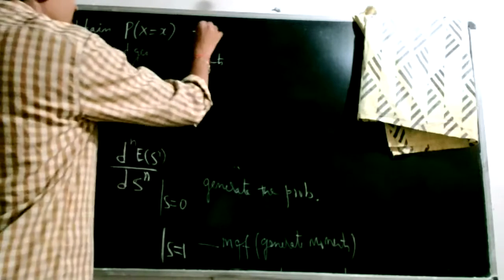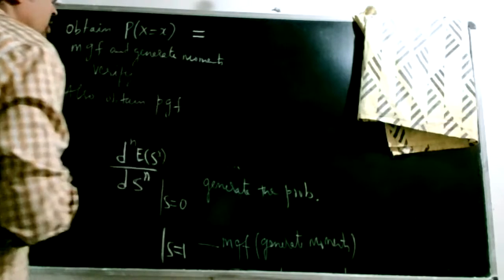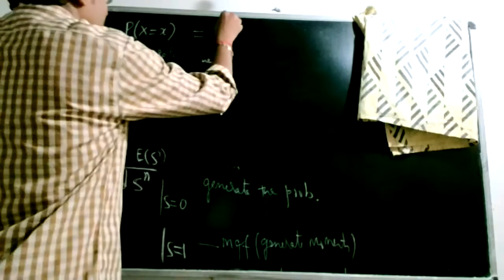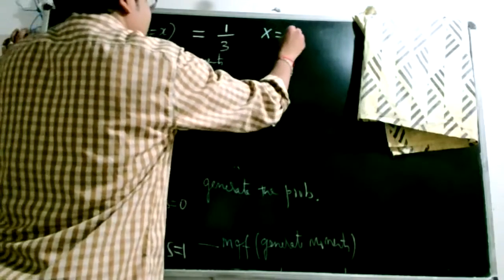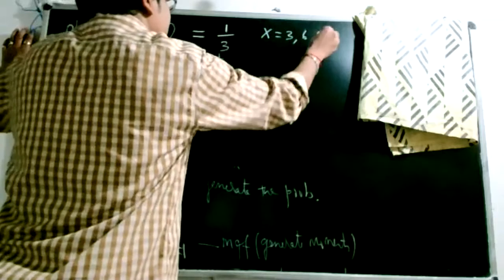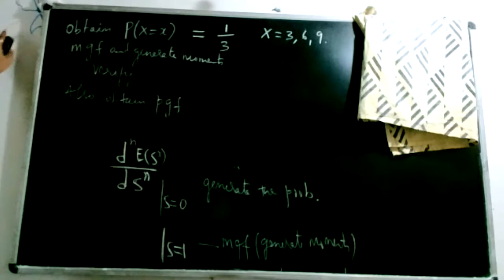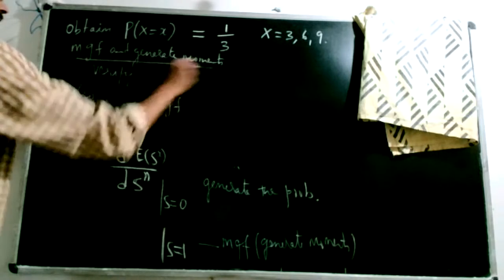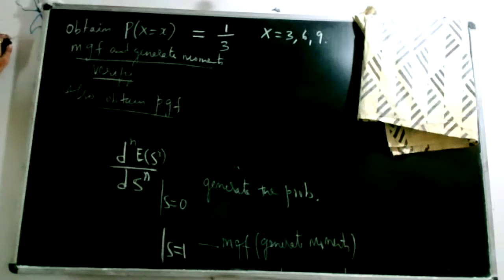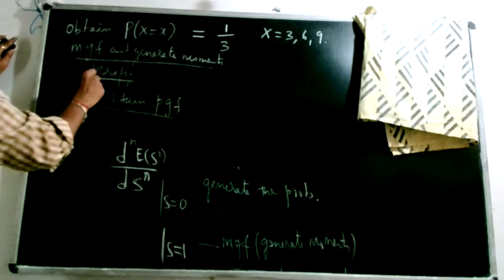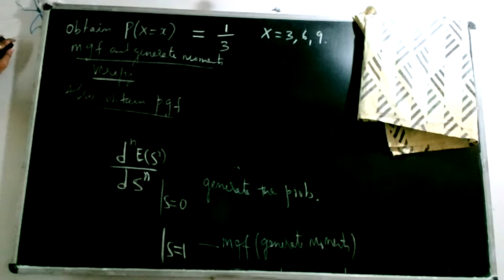Let me take a simple problem: the probability of X equal to x is 1 by 3 for x equals 3, 6, 9, and 0 otherwise. So obtain the MGF and generate the moments, verify it, and also obtain the PGF. I'll show the verification for the first 2 moments. You do the next 2 cases.